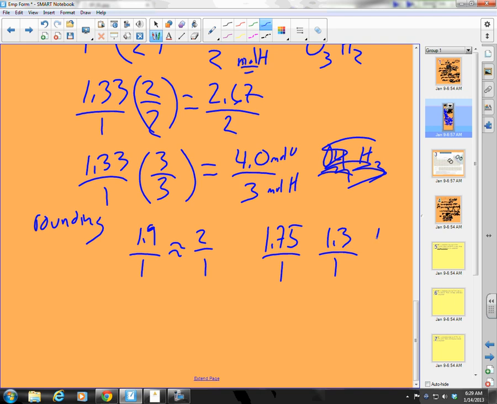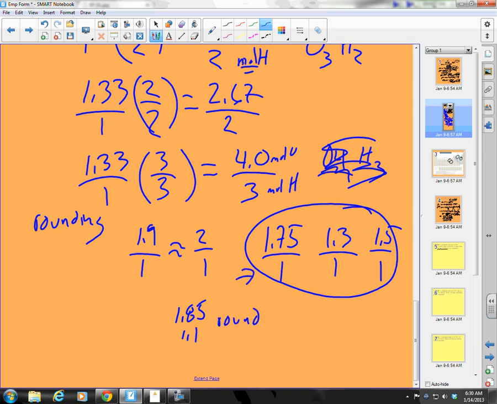Don't round 1.5 to 1. Don't round any of these. So you need to be somewhere in the range of maybe 1.8, 1.85 maybe is okay to round. 1.1, you can round these guys, but be careful about rounding those. Rounding can get you into trouble. All right, any questions? Well, let's give this a shot.